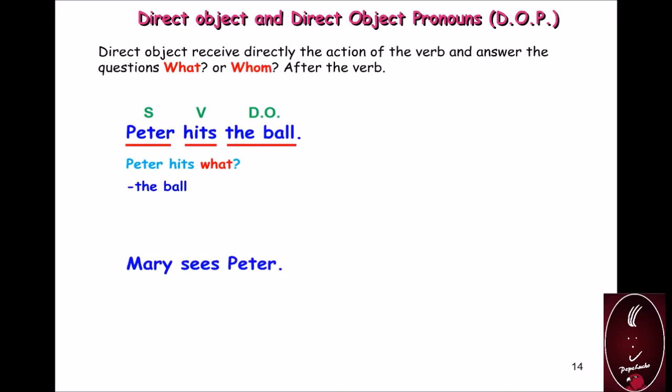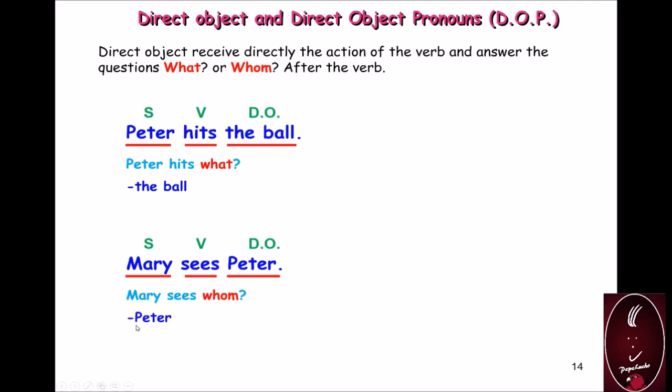In this other example, Mary sees Peter. The same. The subject is Mary, the verb is sees, and the direct object is Peter. Let's ask the question. Mary sees whom? What is the answer?